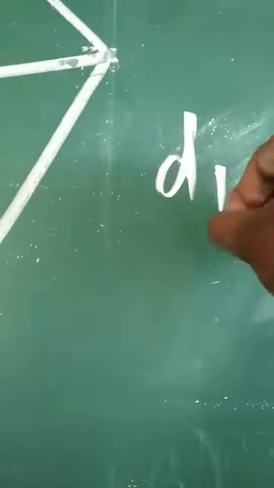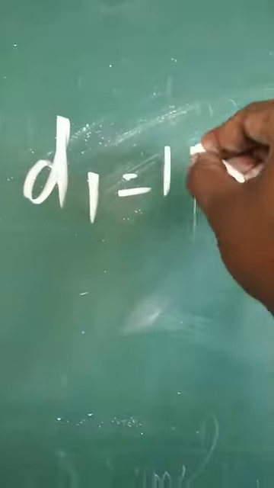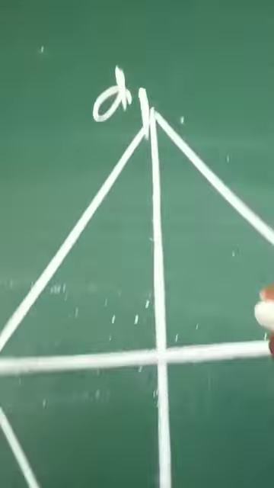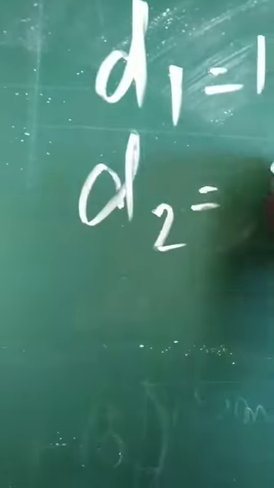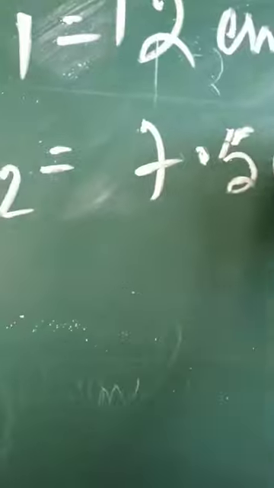So diagonal 1, D1, is equal to 12 centimeter, and diagonal 2, D2, is measuring 7.5 centimeter.